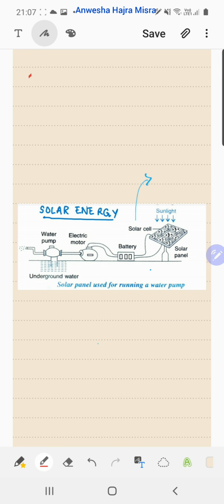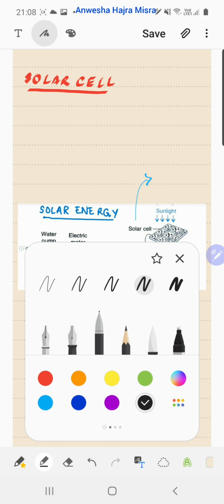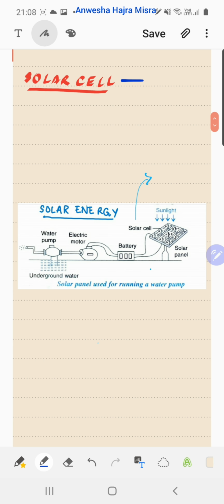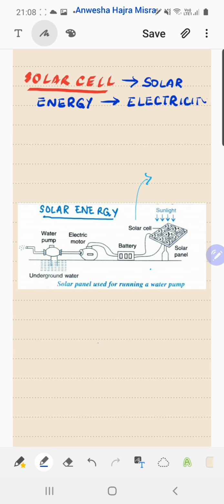A solar cell converts solar energy directly to electricity.